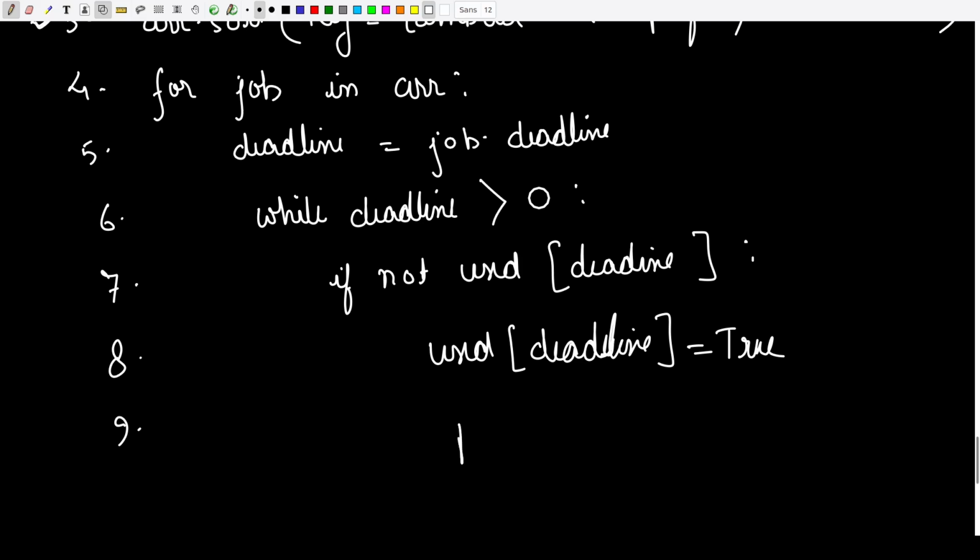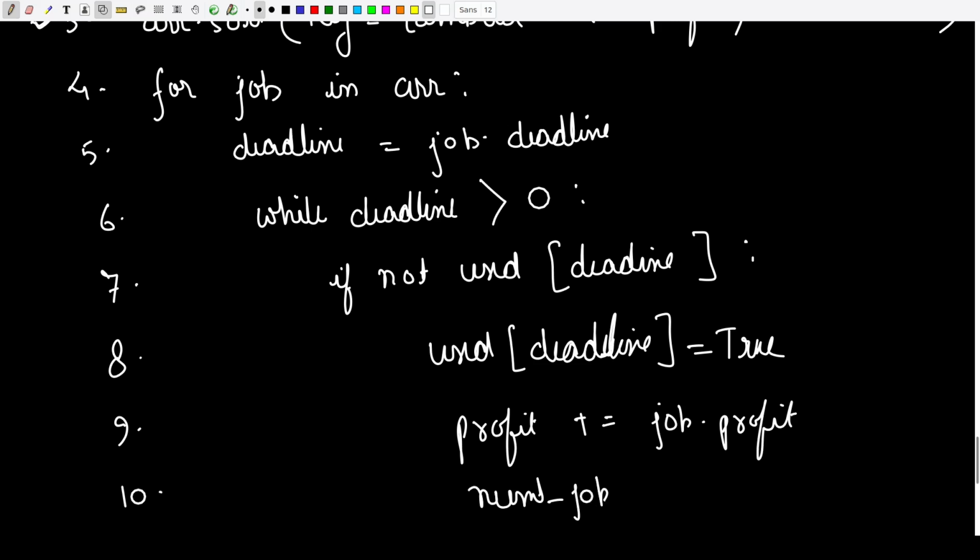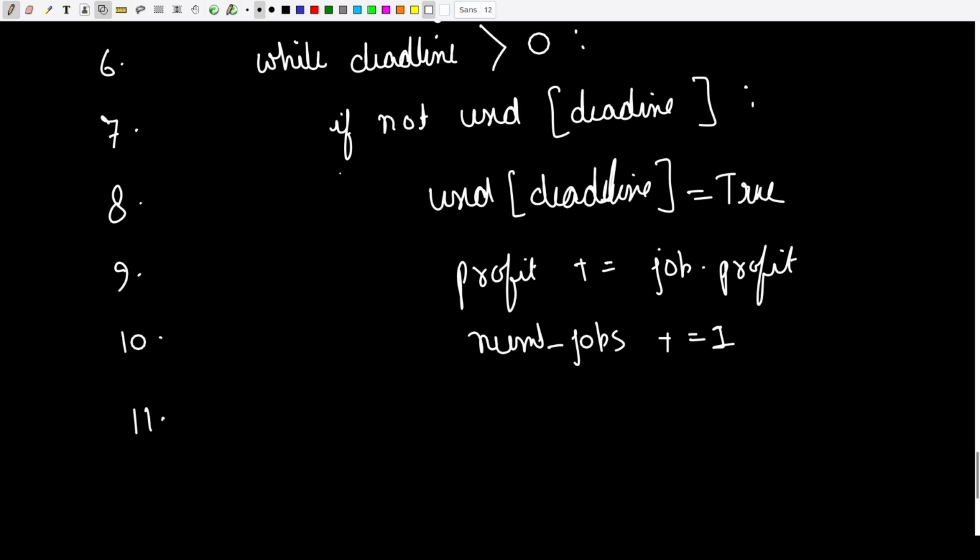So the profit will be equal to profit plus job dot profit, and the number of jobs will be increased by 1. And let's say if this slot is already occupied, then we are going to look for another slot, and the way we will be able to do this is by decrementing deadline by 1.